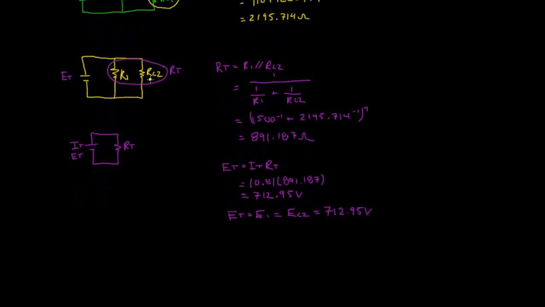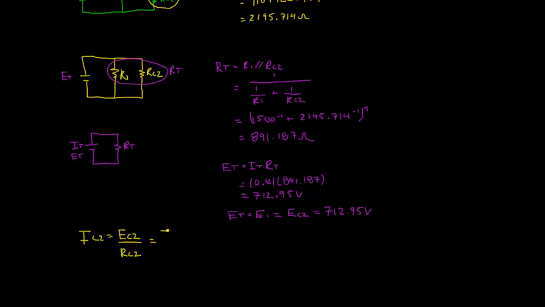So our next step here is, if we know the voltage drop EC2 and we know the resistance RC2, we can calculate the current through this equivalent combination, RC2. So IC2 is equal to EC2 over RC2.